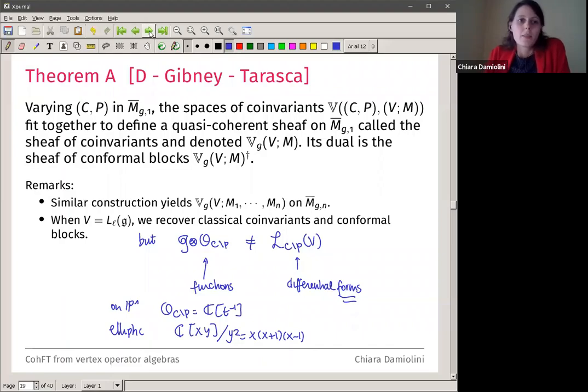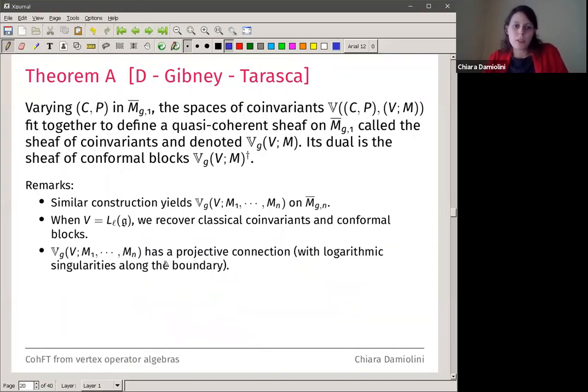Okay, and the last property I want to talk about in this series of remarks is that, as in the classical case, these spaces are naturally equipped with a projective connection. And I put in parentheses that they have logarithmic singularities along the boundary.